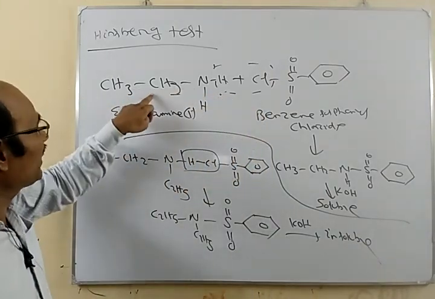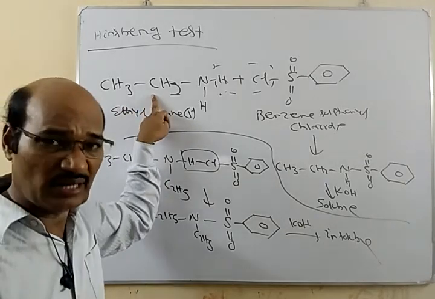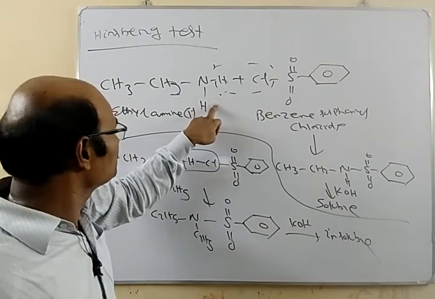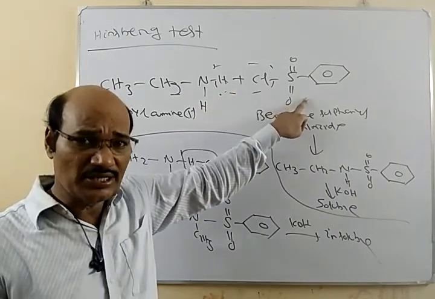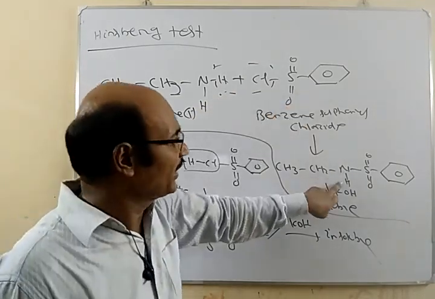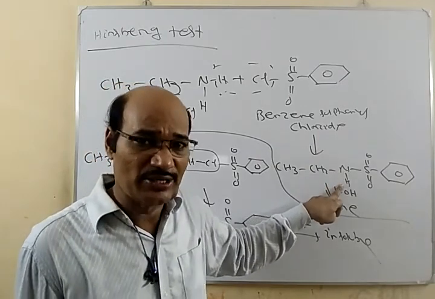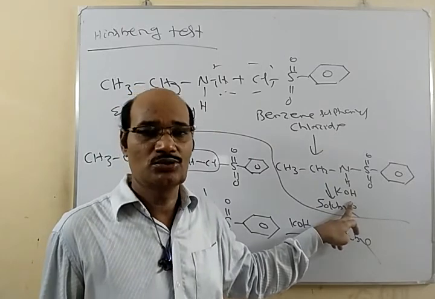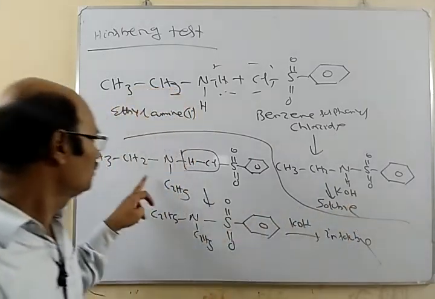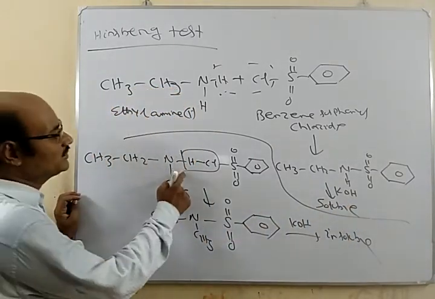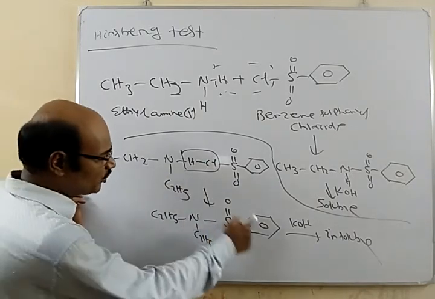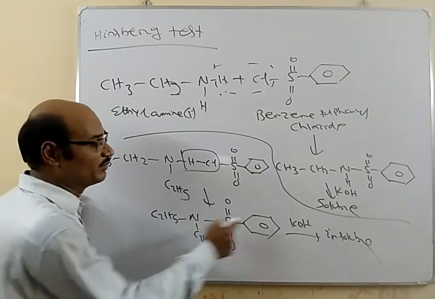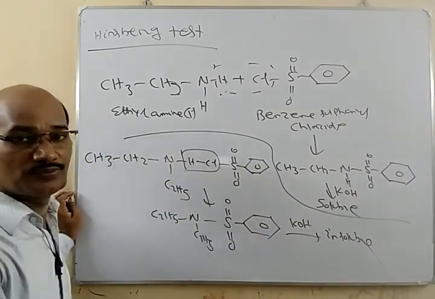Why does this happen? Here you see, when I take a primary amine, C2H5NH2, and it is treated with the Hinsberg reagent, we have an NH here. This is the acidic hydrogen, and it reacts with the alkali, so the product becomes soluble. But here, the hydrogen has already reacted, and in this compound we do not have an acidic hydrogen. So when I treat this with KOH, it becomes insoluble.